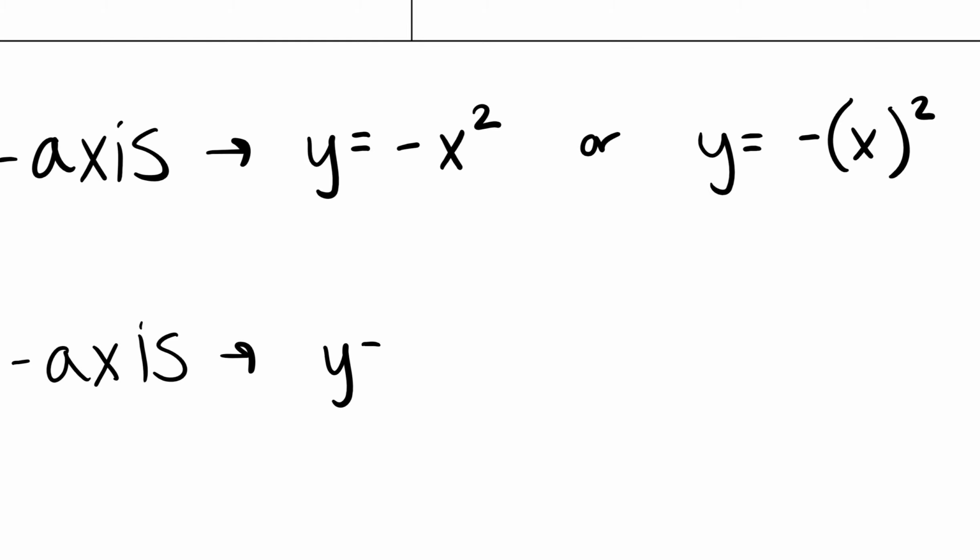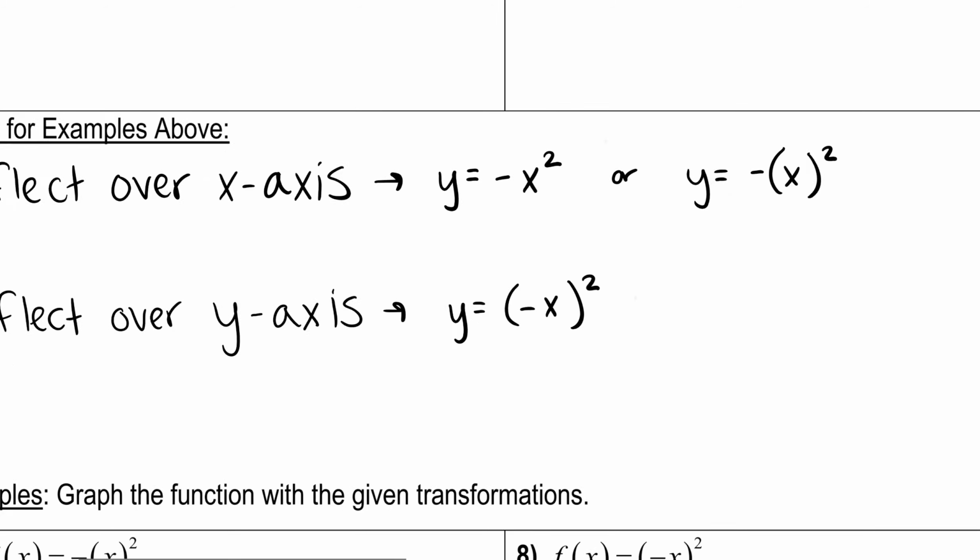If I had y equals parentheses negative x and then squared, that's the only variation I could have for reflecting over the y-axis. So it looks like there's three options, but there's really only two, because the first two on the x-axis are technically the same. Because the negative is not directly attached to the x itself, you would square x or do whatever else with x squared before you do the negative, which is why it's over the x-axis.